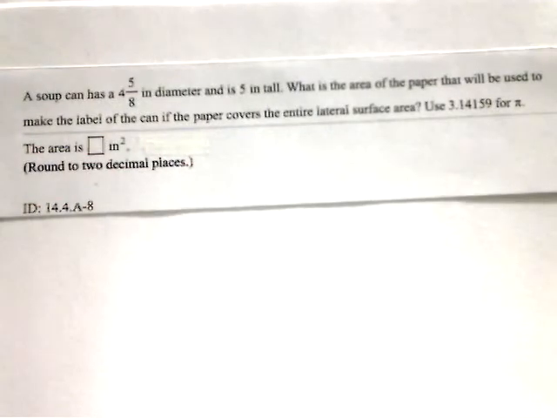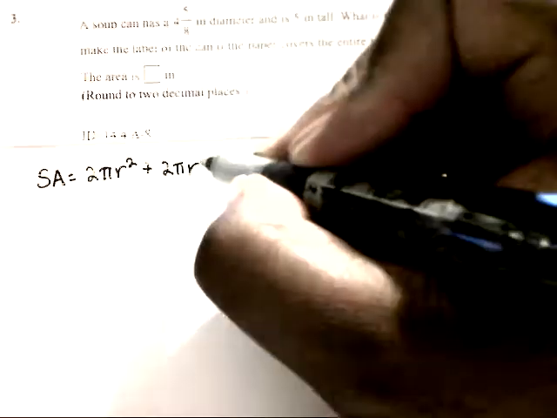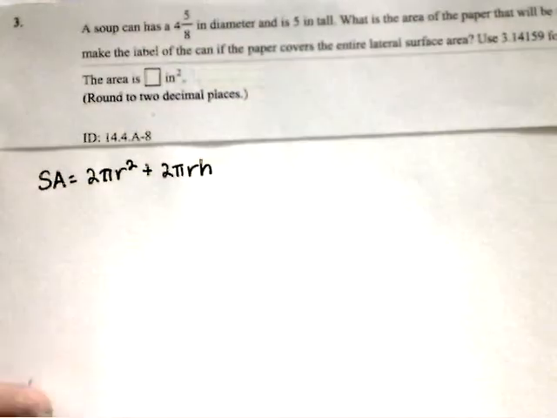We're dealing with a soup can, which is similar to a right circular cylinder. Normally the surface area is 2 pi r squared plus 2 pi r h.